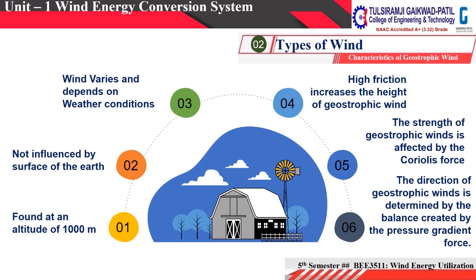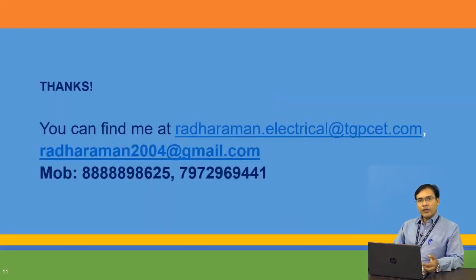We have come to know that wind is nothing but the air in motion, and how the movement of air is formed due to the uneven heating of the earth's surface. We have also understood the Coriolis effect today, which is named after the French scientist Gustave Gaspard Coriolis, and also we have seen the characteristics of the geostrophic wind.